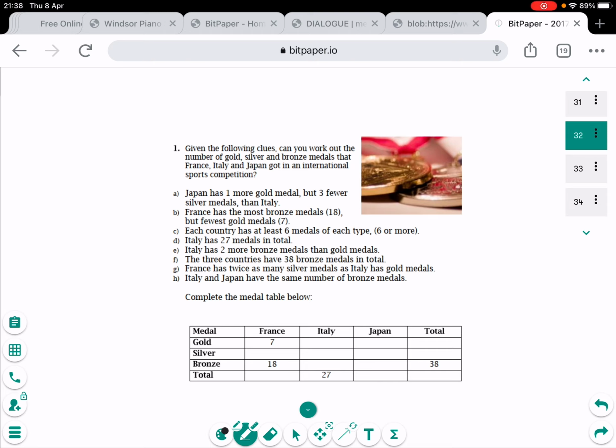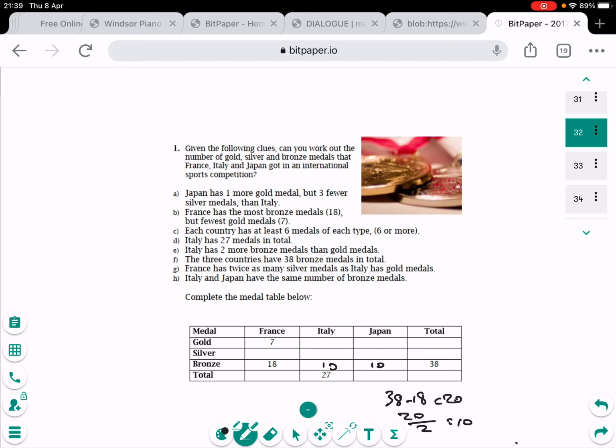What I looked at first was because Italy and Japan have the same number of bronze medals, therefore Italy and Japan's medals are 38 minus 18, because total minus France, which equals 20 bronze medals. And if you take 20 divided by 2, that would become 10. So 10 medals for each of them. And then that will become easy.